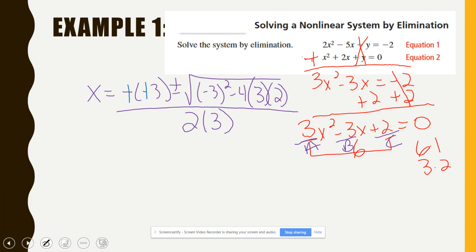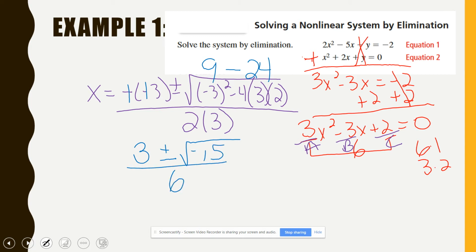I know these change to +3 plus or minus. Let's look underneath our radical. -3 squared is +9 minus 4 times 3 is 12, 12 times 2 is 24. So under the radical, I have 9 minus 24, which is -15, over 6.